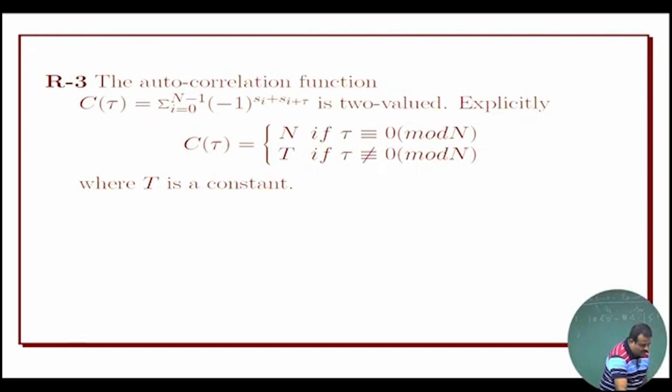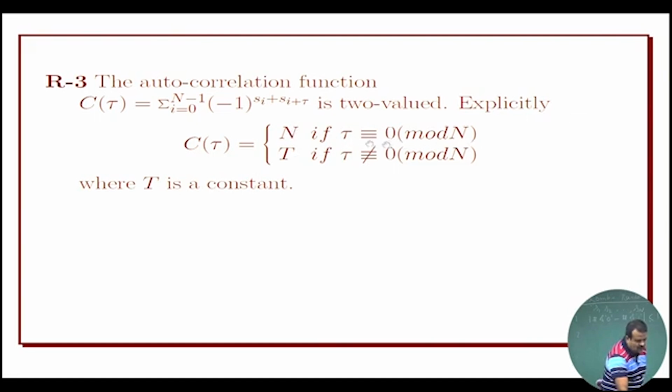We will take an example, and the third rule is the autocorrelation function. We define this function C(tau), where we take x_i and x_(i+tau) and take this relationship, defined for tau from 0 to n.